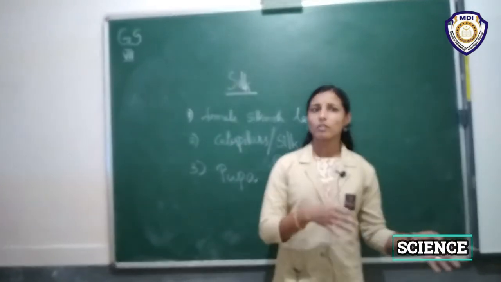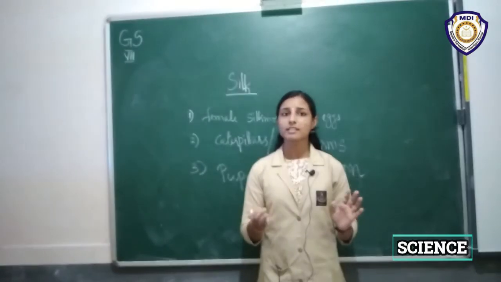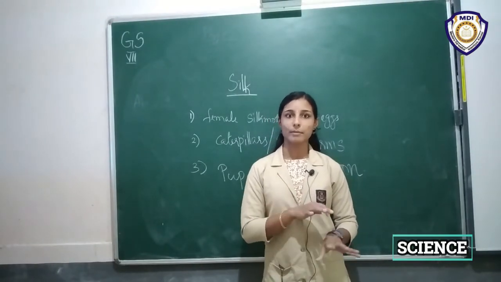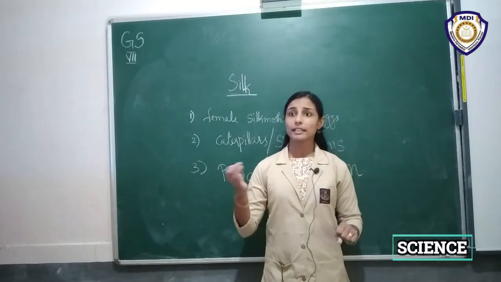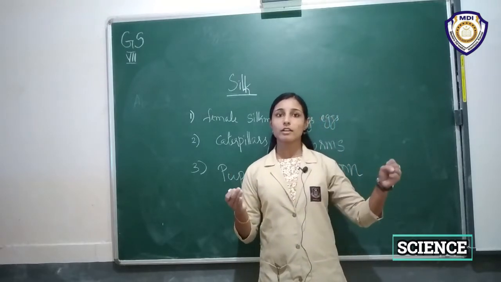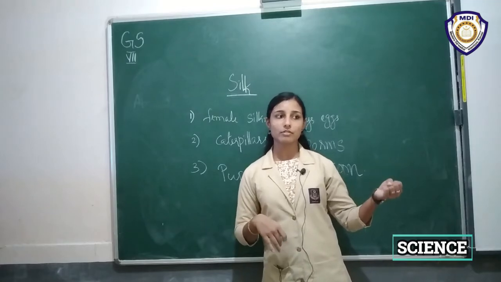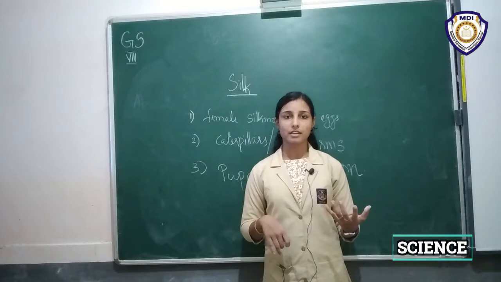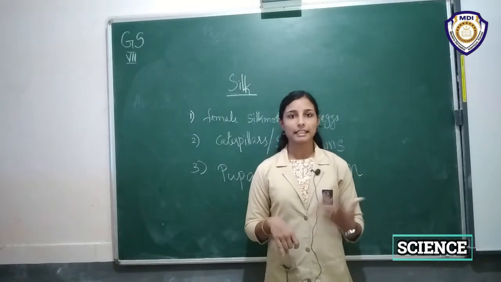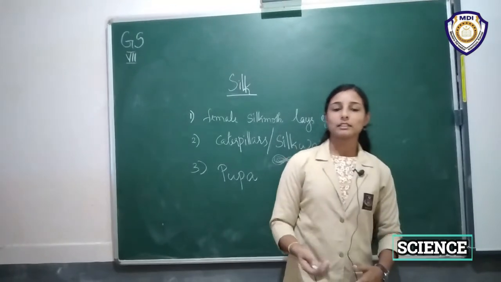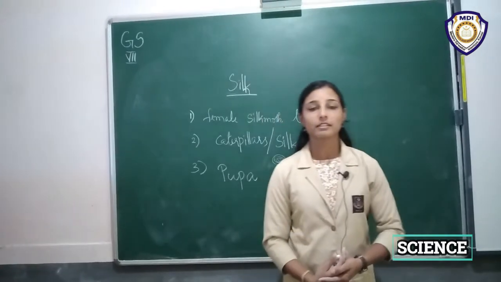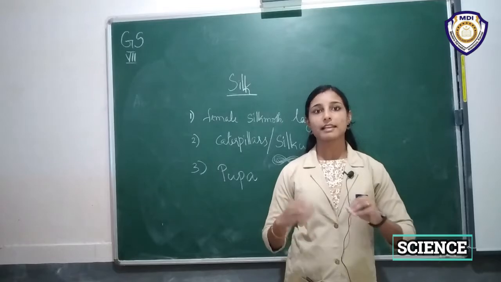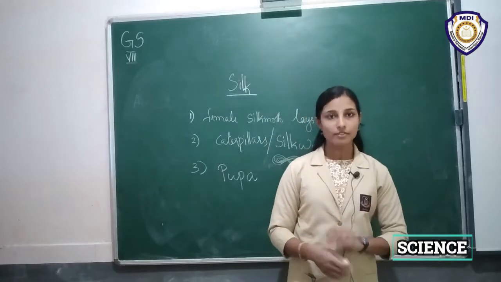So these different varieties have different textures of fiber. In the case of woolen fibers also, there are coarse fibers and fine fibers. Like that, different varieties of silk moths give different varieties of silk fibers.